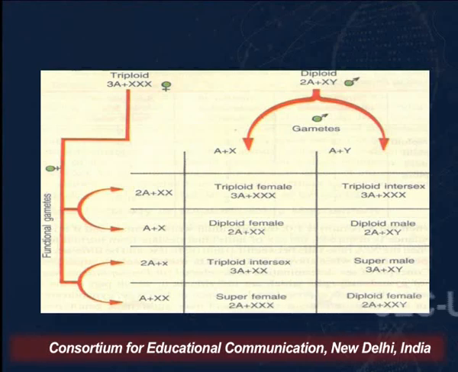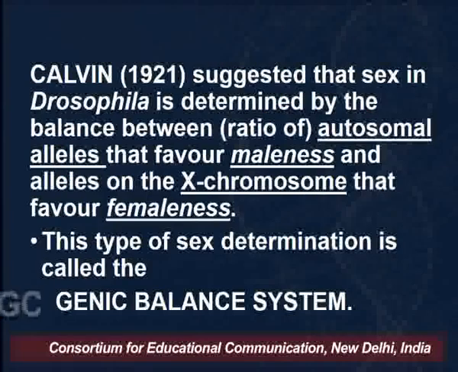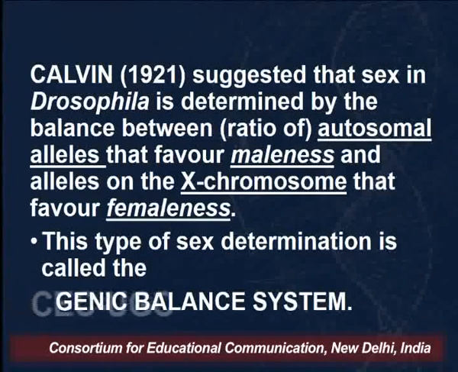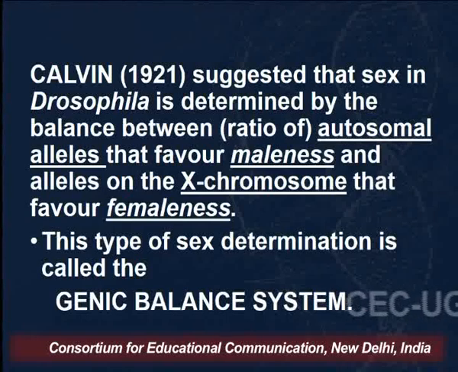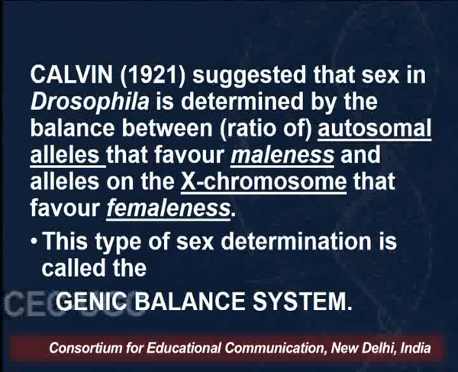Why did we get these different types of combinations? Calvin was the one who suggested that sex in Drosophila is determined by actually a balance between the ratio of autosomal alleles. Now, autosomal alleles are favoring maleness, and the alleles which are present on the X chromosomes, they are favoring femaleness.